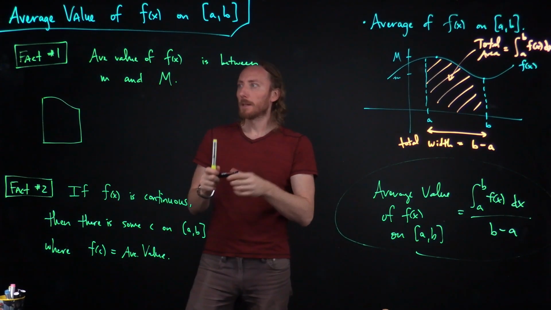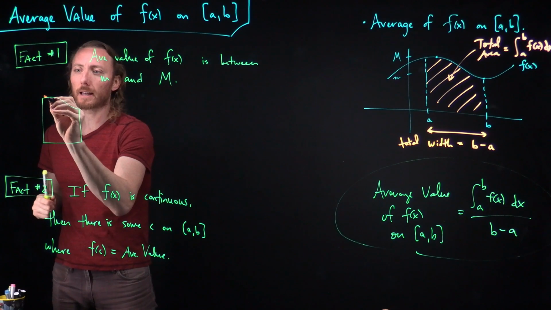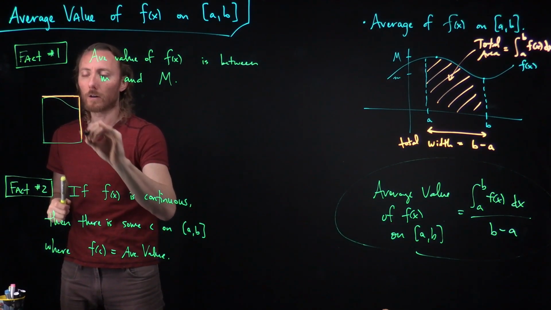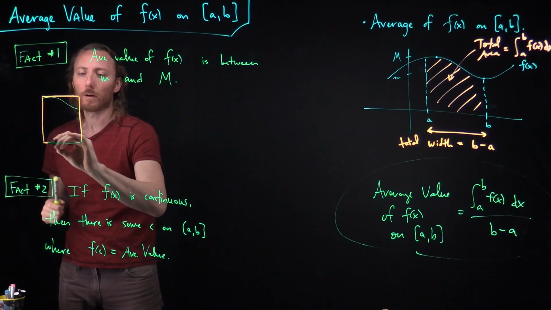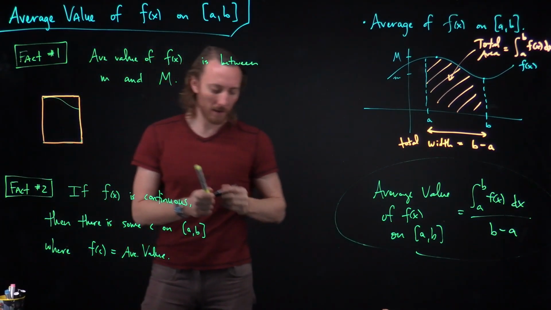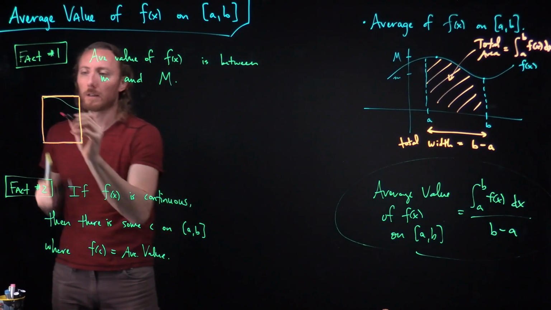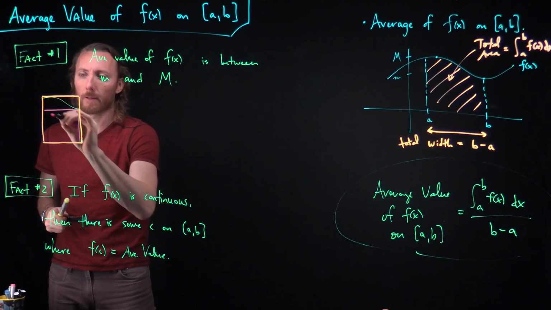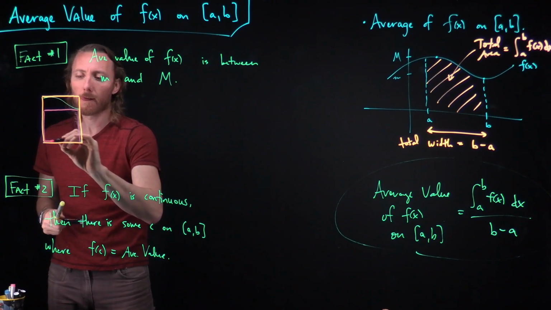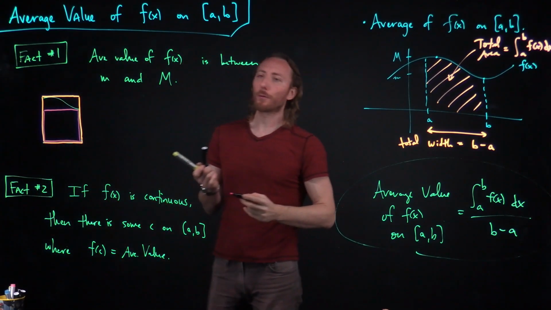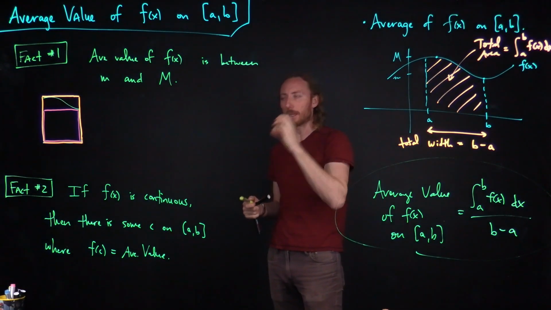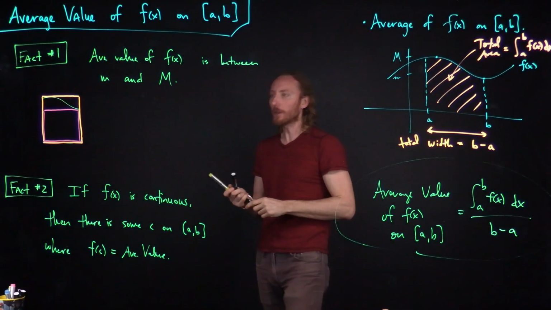Now, imagine a rectangle that was as tall as the maximum of our function. And then imagine we have another rectangle that was as tall as our minimum. Well, there are three area regions here, one defined by that maximal rectangle, one defined by the minimum rectangle, and one defined by our function.